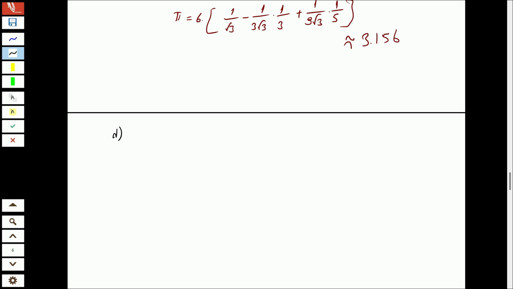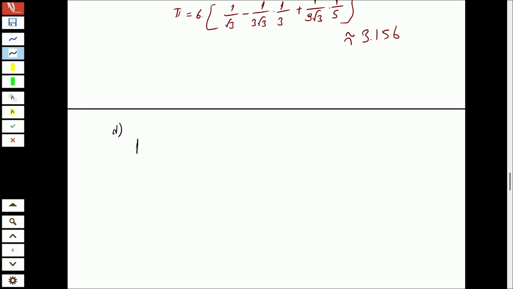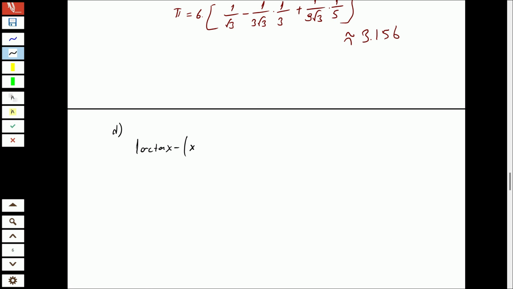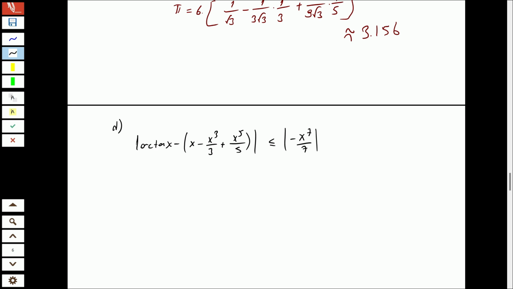So the error, you can write the absolute value of arctangent x minus x plus x to the power of 3 divided by 3 plus x to the power of 5 divided by 5, is less than or equal to minus x to the power of 7 divided by 7.